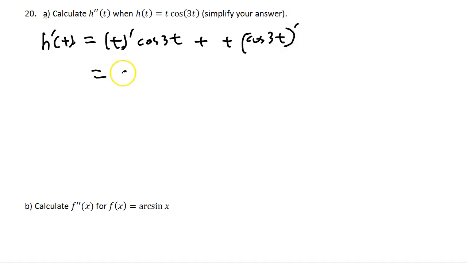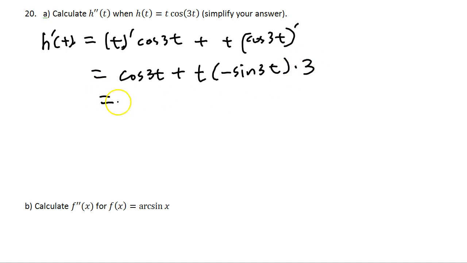T differentiates to 1, so it's cosine 3t, whereas cosine 3t differentiates to negative sine 3t. And since 3t is nested inside, you have to use the chain rule. 3t comes out, and you differentiate 3t to give you 3. And therefore, it's cosine 3t minus 3t sine 3t.